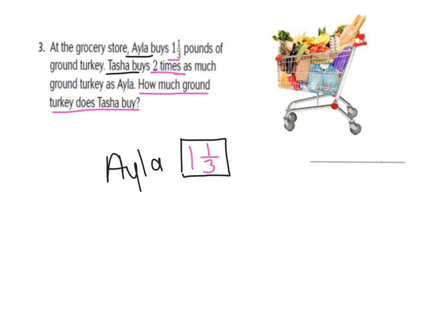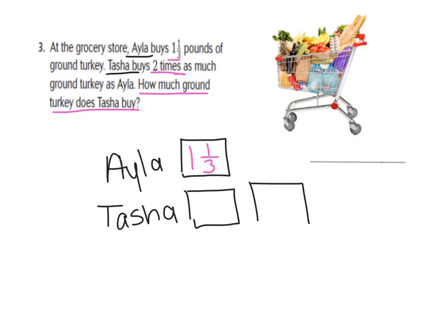We also know that we have Tasha, and Tasha buys 2 times as much as Ayla. So she needs 2 boxes to represent that she buys 2 times as much as Ayla buys.